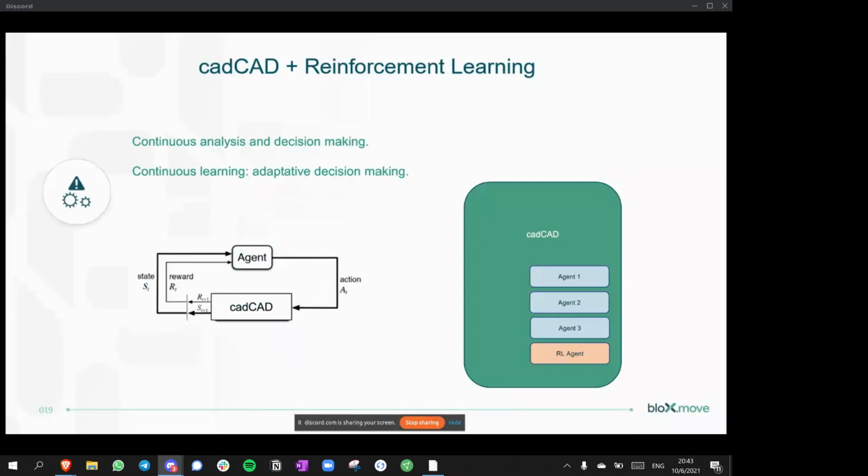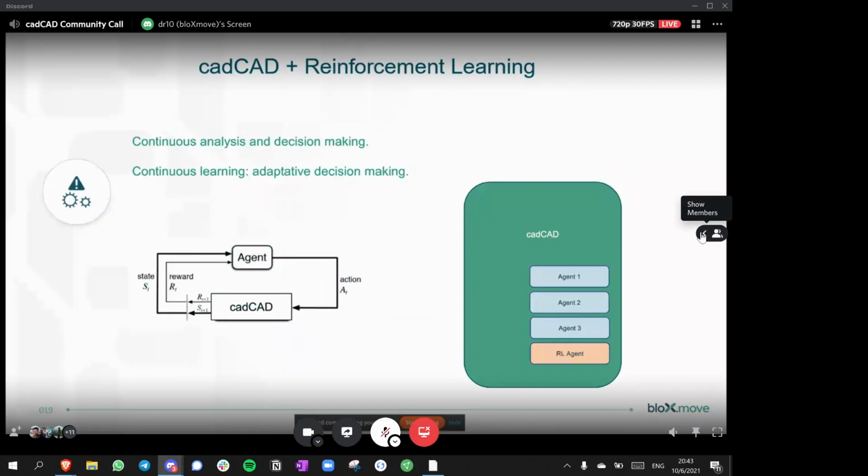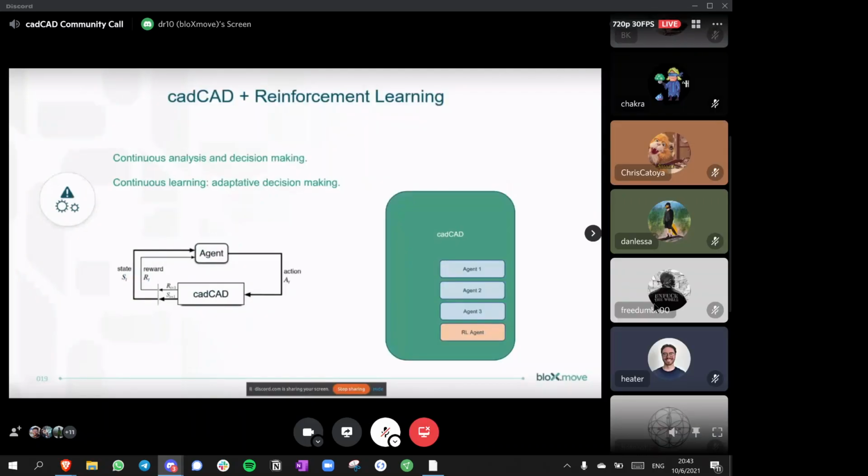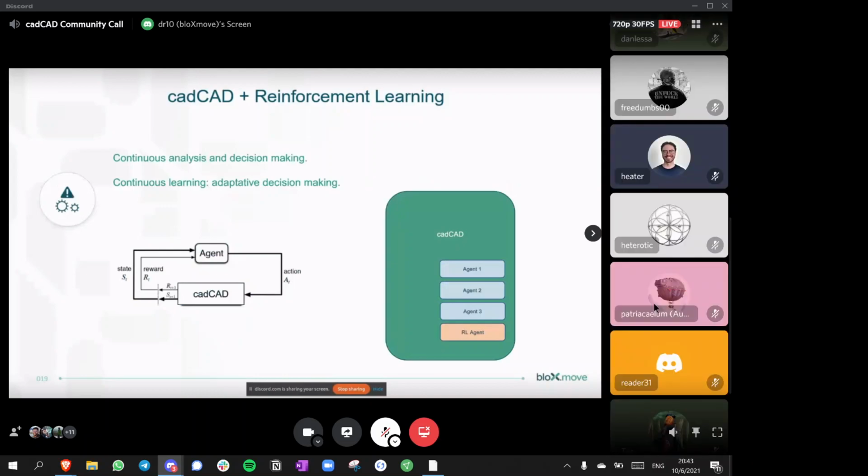So it really makes sense. We have an agent, we connect it to cadCAD, which acts as the test environment, and we are able to read the new states, calculate the new reward function, and train my agent in this situation. From the schematic perspective, it makes a lot of sense.